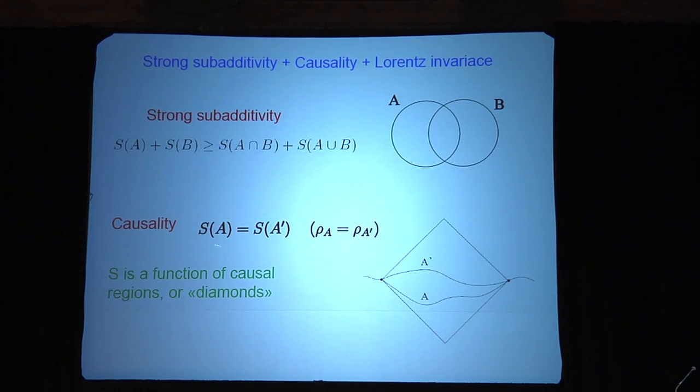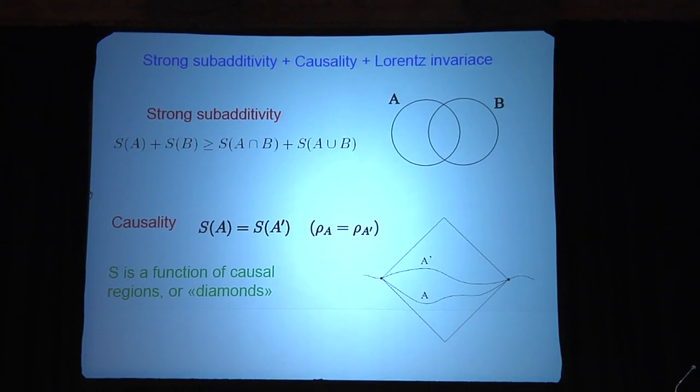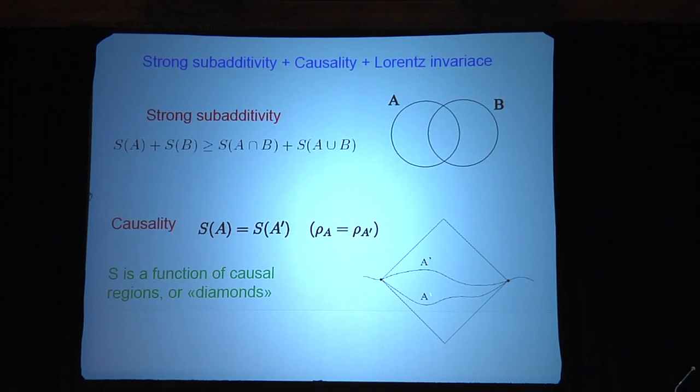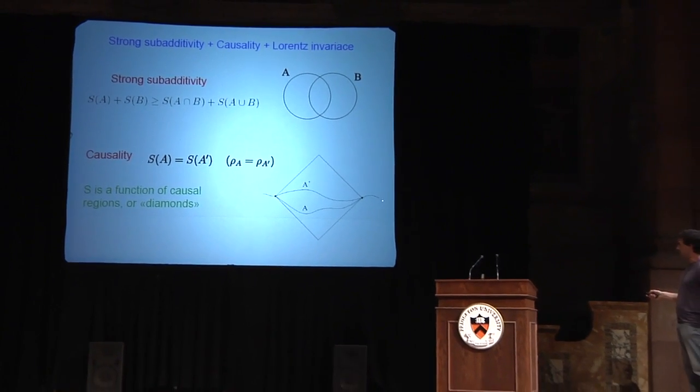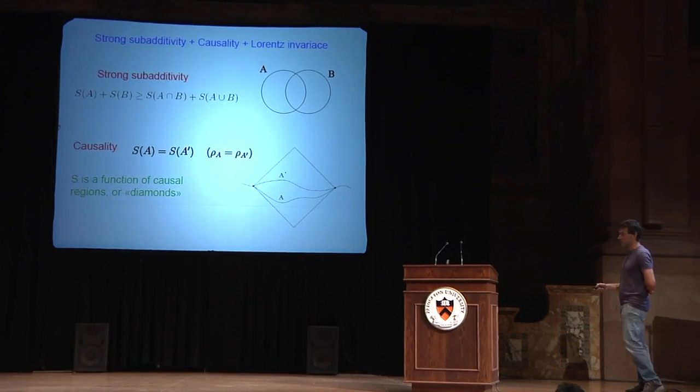And we also need this other property of entanglement entropy in quantum field theory, which can be called causality: if we have 2 spatial regions with the same domain of dependence, then the entanglement entropy in these 2 regions must be the same because of unitarity of the causal evolution. Or one can express the same thing saying that both entanglement entropies come from tracing over the global state over the same degrees of freedom outside.